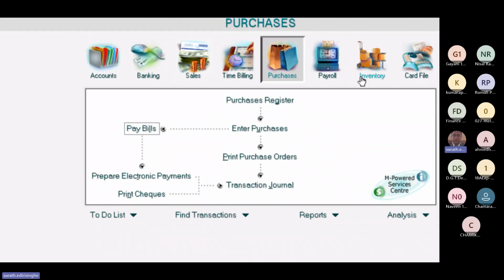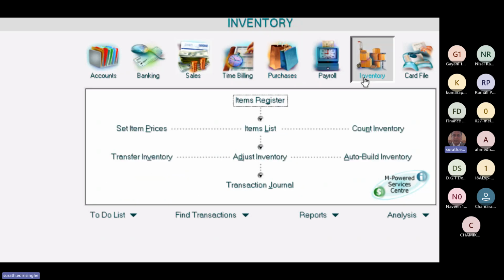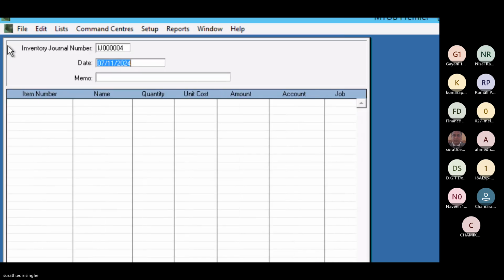Then this asset has to be transferred from inventory to the fixed asset account. Fixed asset means under property, plant and equipment. Go to the inventory adjustment. Inventory journal 004.